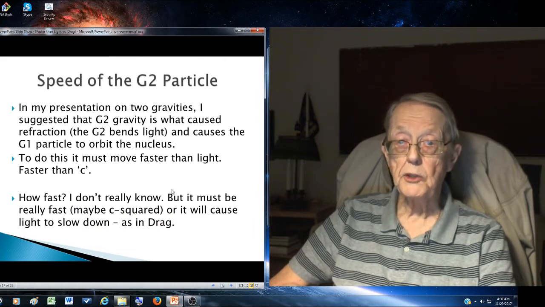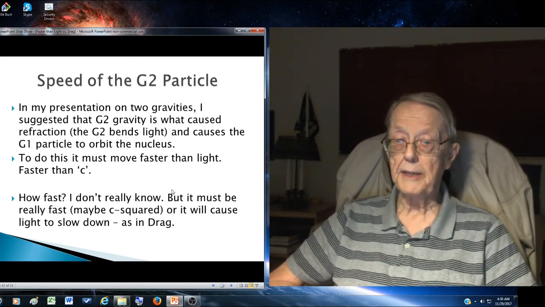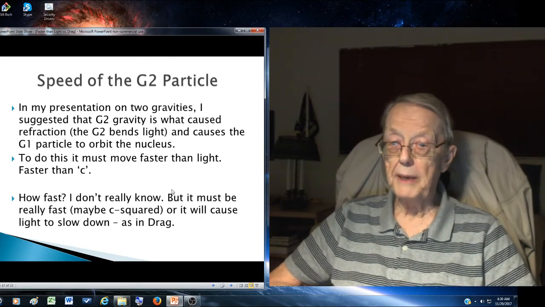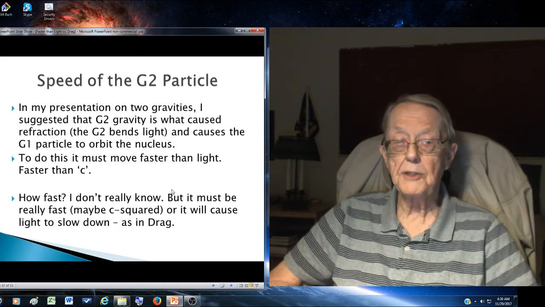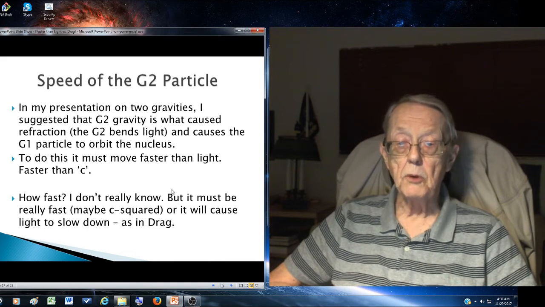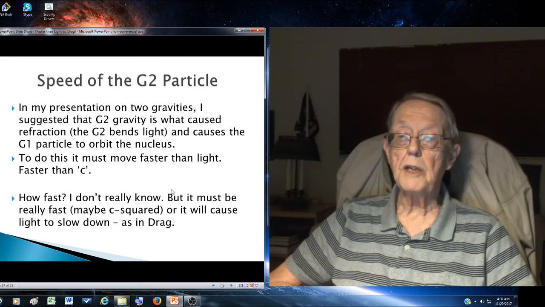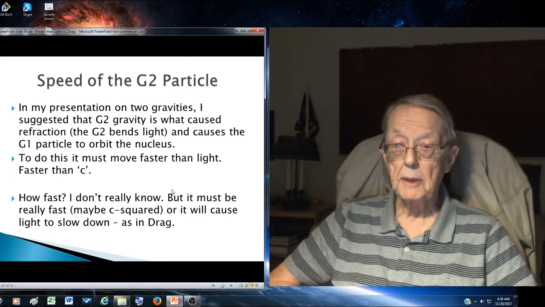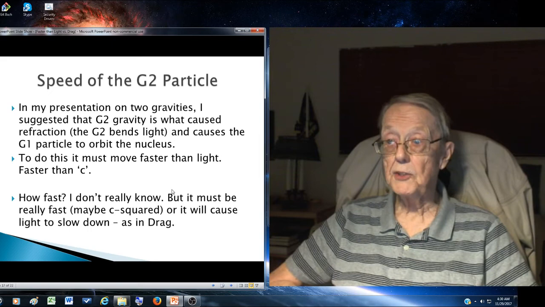How about the speed of the G2 particle? In my presentation on two gravities, I suggested that gravity is what caused refraction. That is, we saw G2 bending light, and G1 causes the G1 particle to orbit the nucleus. To do this, it must move faster than light, faster than c. In other words, if the particle is going to catch up to light, which is already at c, it can't push it faster unless it's moving faster than c.